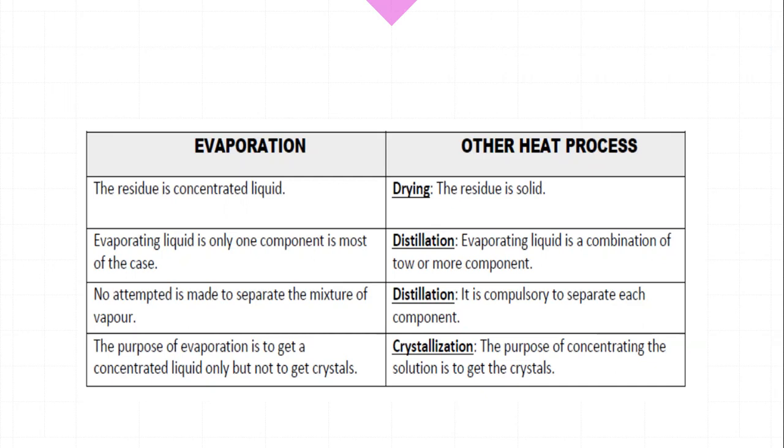In evaporation, no attempt is made to separate the mixture of vapor. There is no attempt to separate those mixtures of the vapors coming out. While in distillation, it is compulsory to separate each component, or it is usually done for that.